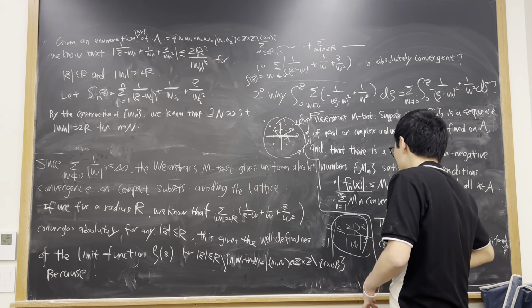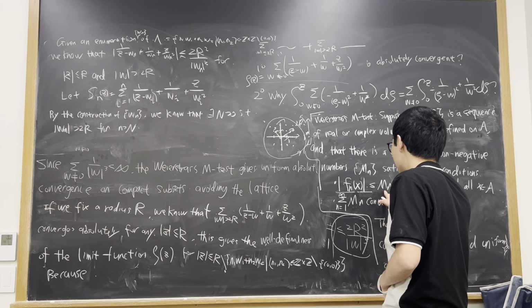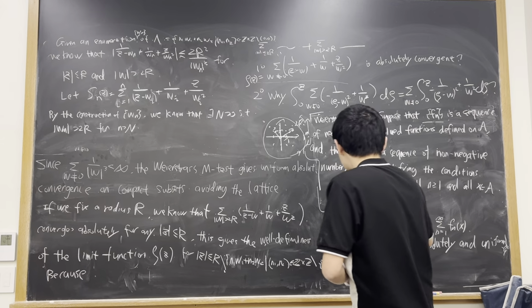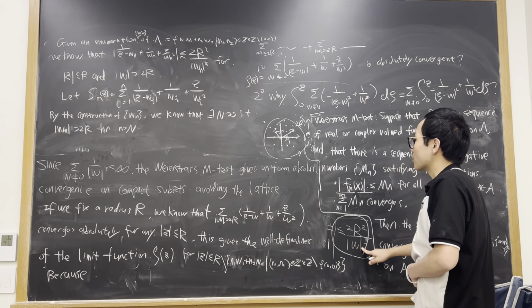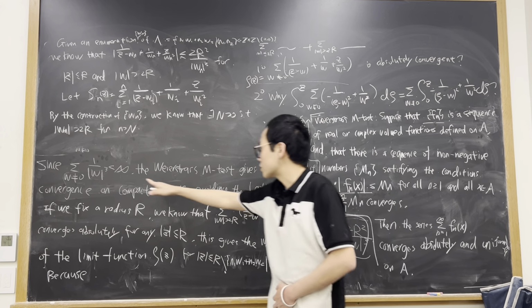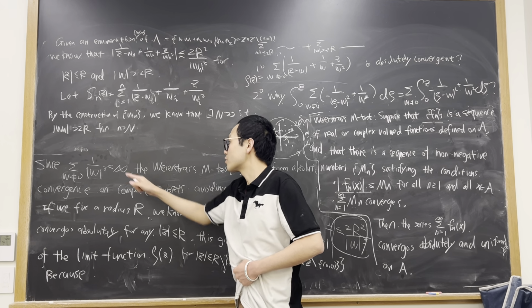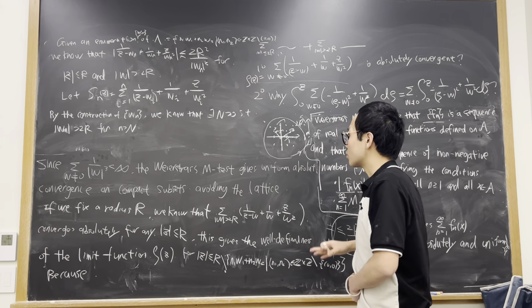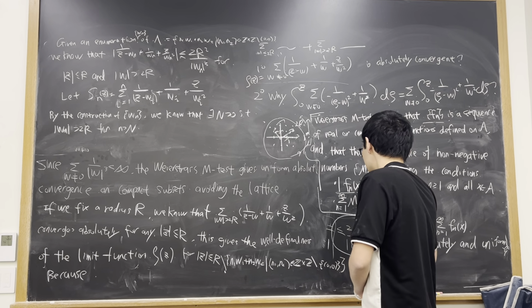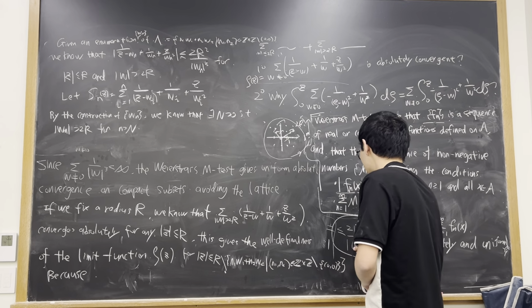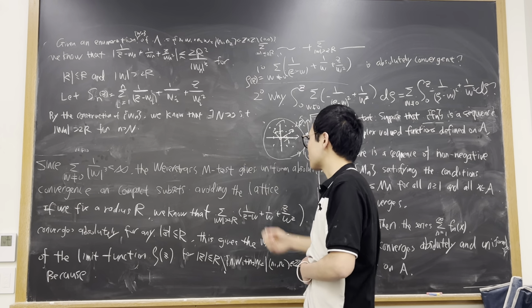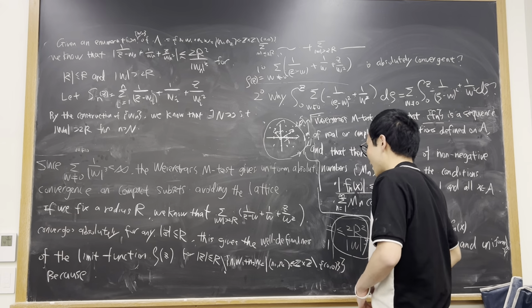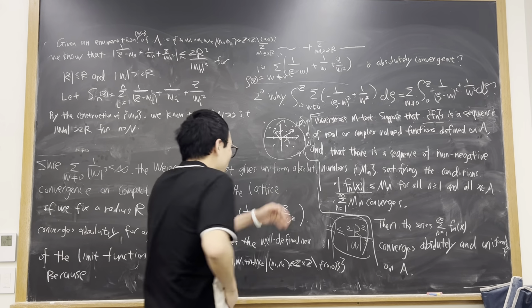So we let this guy be our Mn for n bigger than N. And because this guy is summable, the sum is finite. So when we add these two terms up, it is summable. We combine these and the finite sums, so it is also finite. So I think that's our argument here.